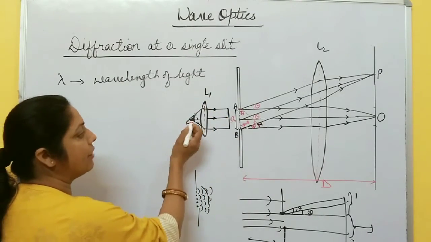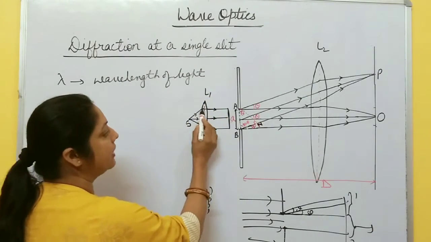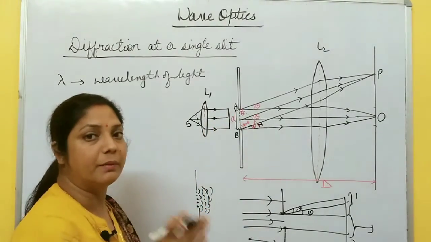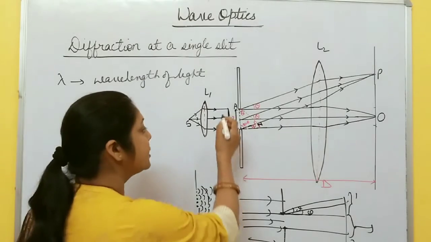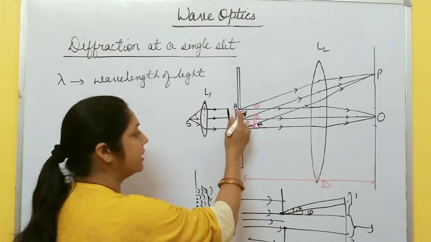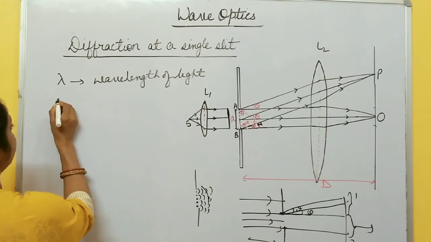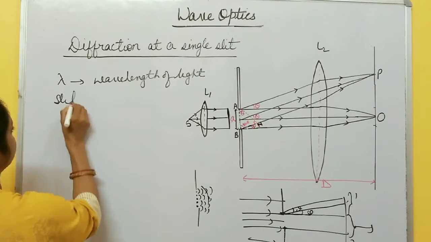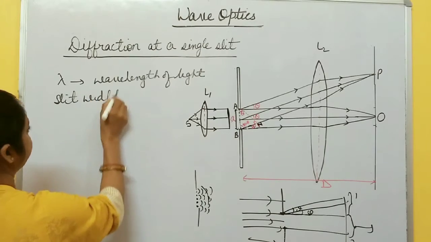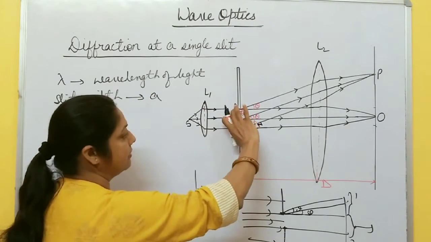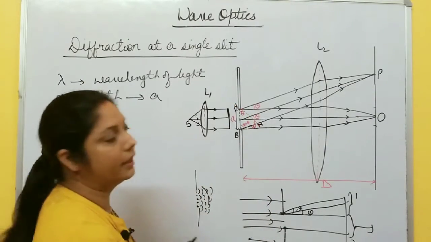After passing through this lens, the rays become parallel, and these parallel rays mean a plane wavefront. This plane wavefront is incident on this slit AB. AB is the slit with width small a. The width of the slit is small a.